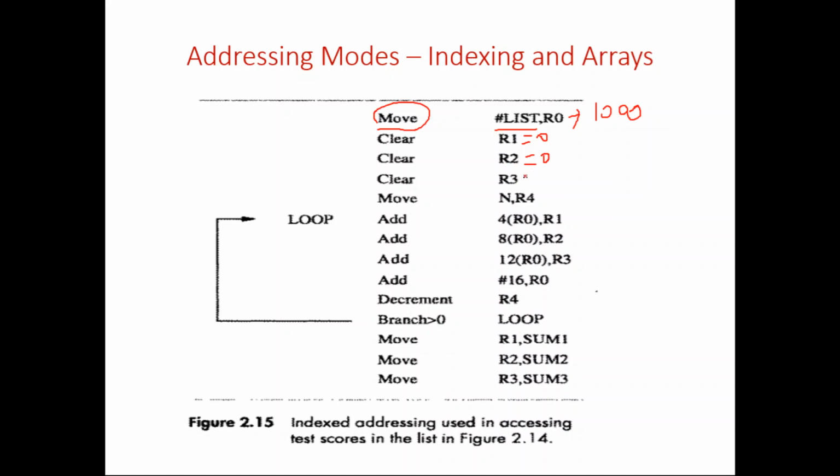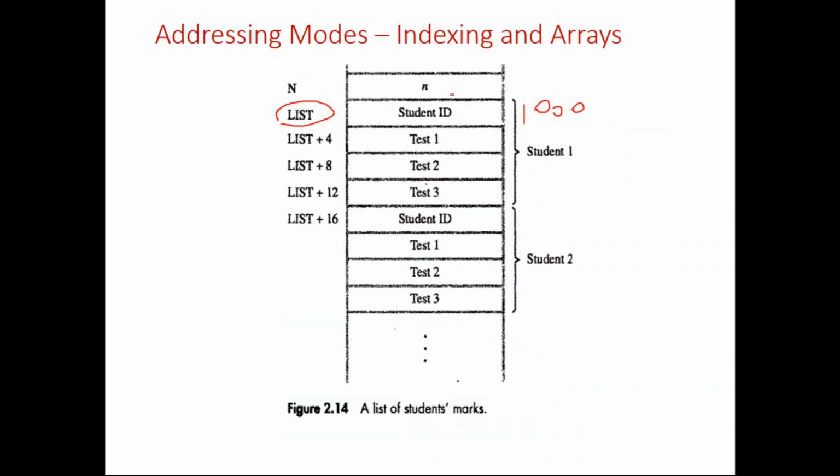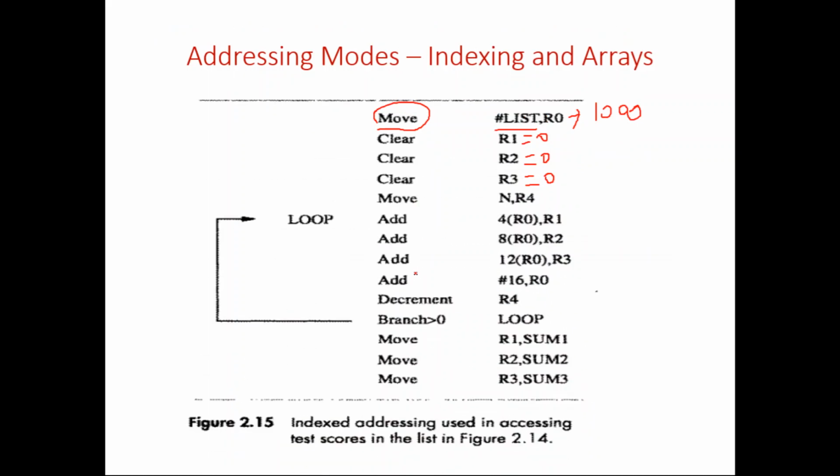The sum of test 3 we would like to keep in R3, so this is also cleared to 0. Then we do move n, R4. Let us assume for simplicity that n is 5. We have 5 students for whom this sum should be done. So R4 contains the value 5.